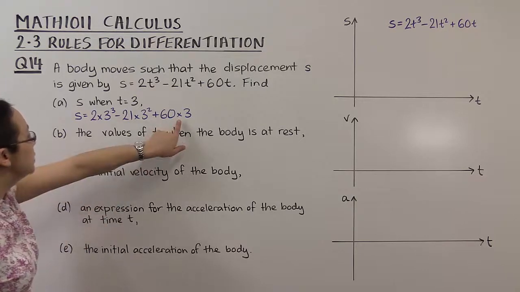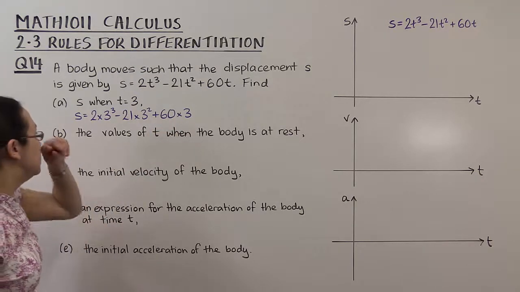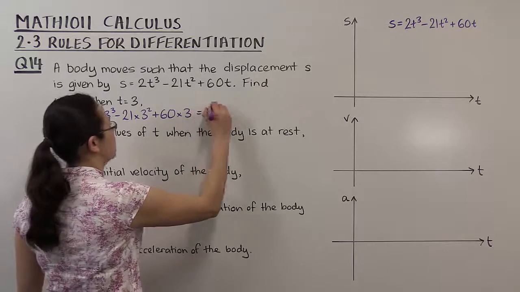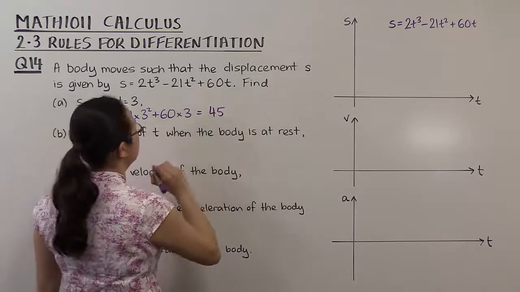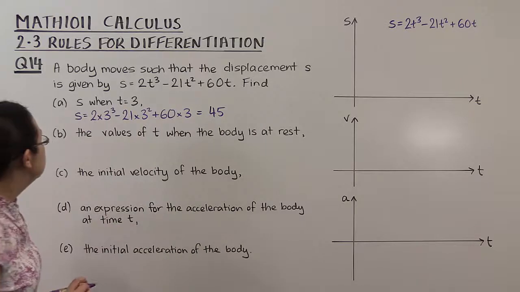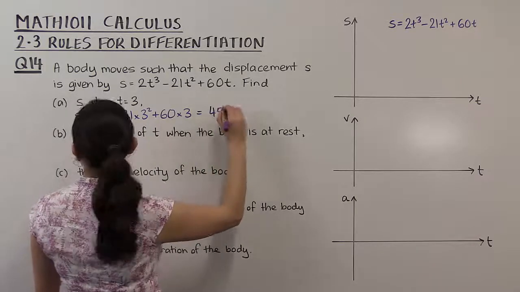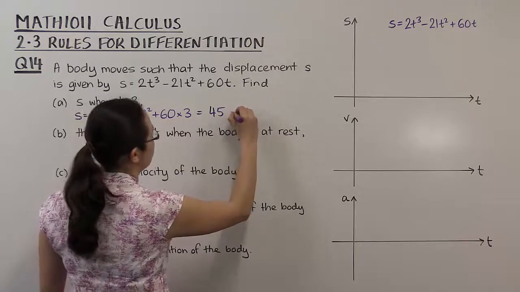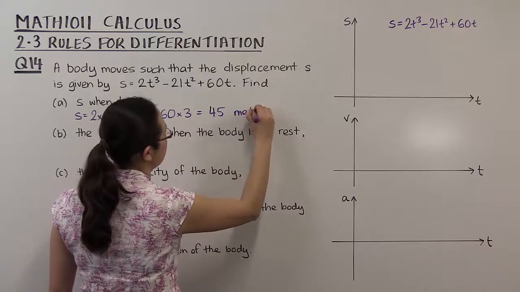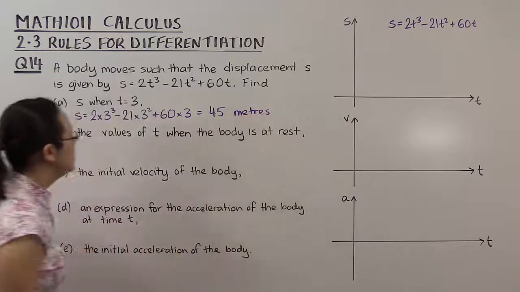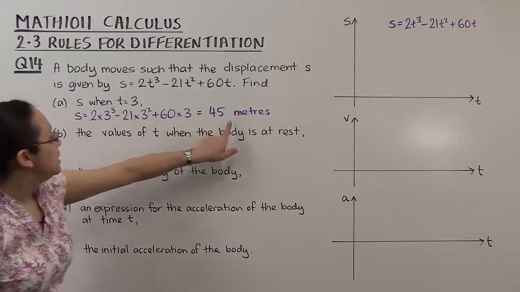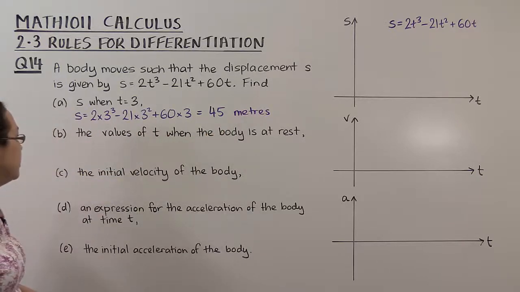And then I guess this is plus another 20 lots of 9, so that's 5 lots of 9, which is 45. Let's just assume t's in seconds and the displacement's in meters also. I think that will be easiest for this question. So after 3 seconds, its displacement is 45 meters.